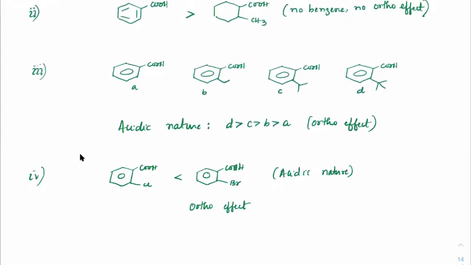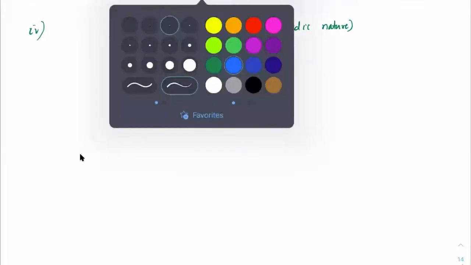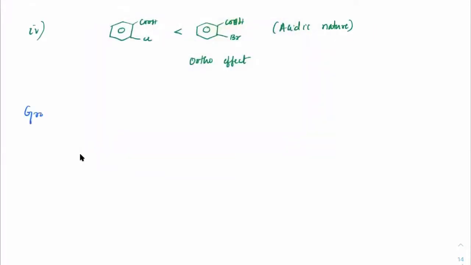So which type of groups would actually give this type of bulkiness? That is one thing we need to know. Groups which give SIR effect at ortho position.